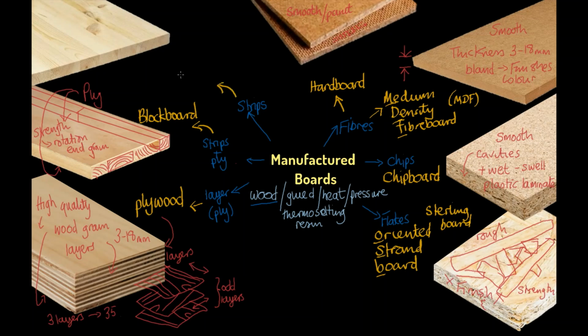And then moving on to the final manufactured board I want to show you today is the laminated board, and this is using strips of wood. Now the laminated board is like the blockboard where they take the strips of wood.